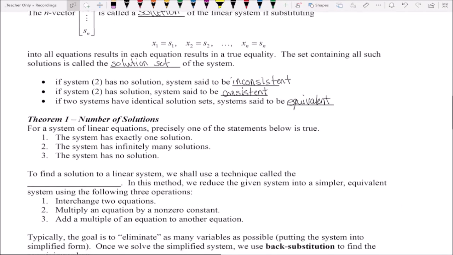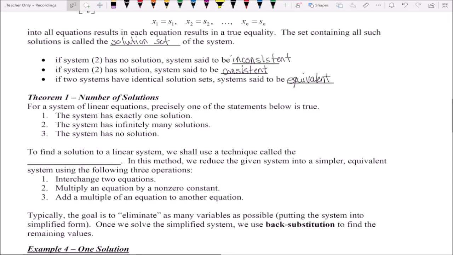To find a solution to a linear system, we use a technique that is known as the method of elimination. In this method, we reduce the given system into a simpler equivalent system using the following three operations. Interchange any two equations, multiply any equation by a non-zero constant, add a multiple of an equation to another equation.